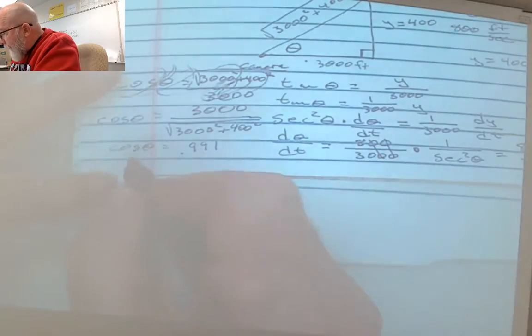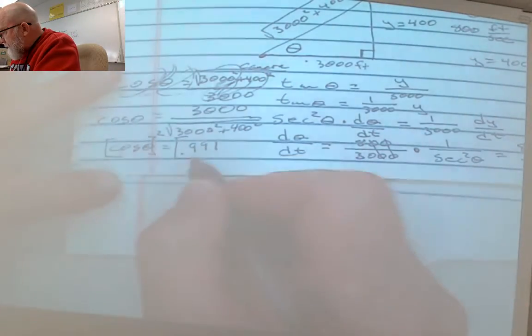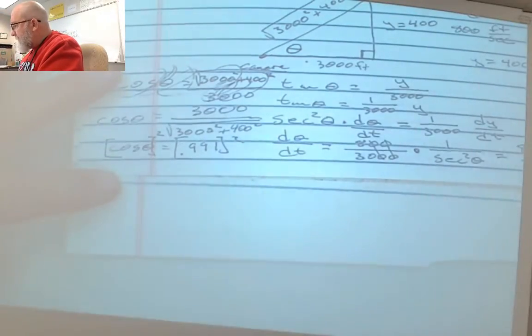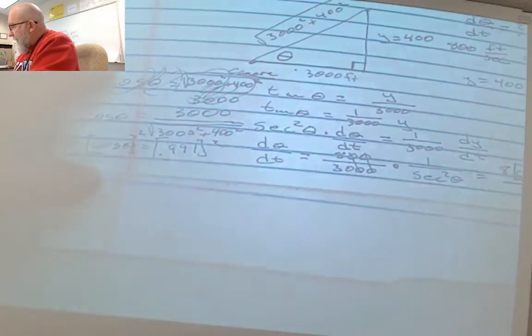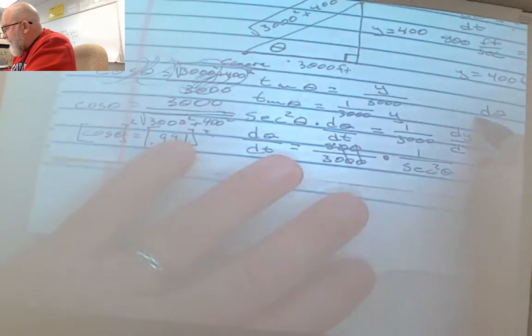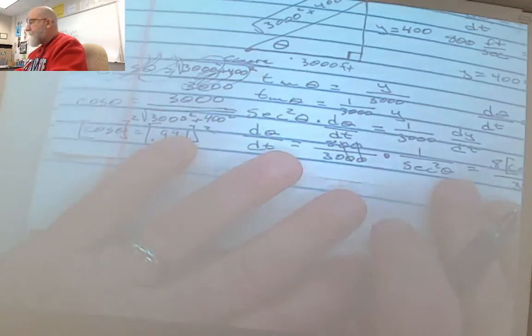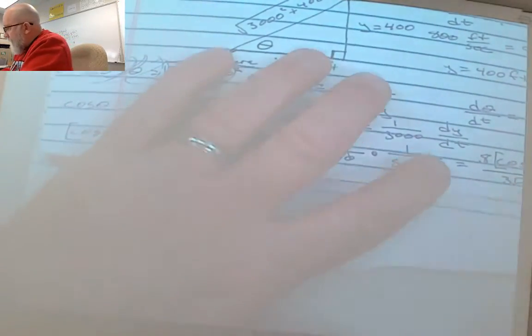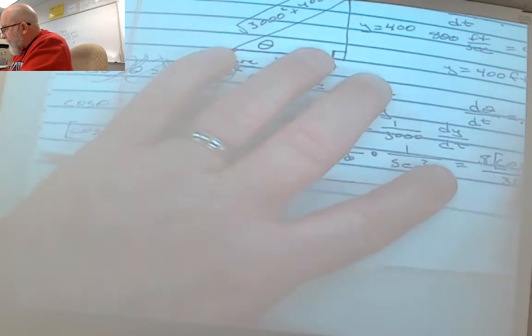Okay, so if I square it, what do I get? 0.983. So I squared it. You're going to multiply it by 8, divide by 30. And d theta/dt is equal to what? 0.262. What are your units?